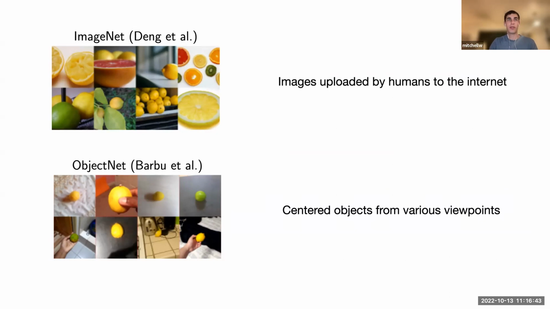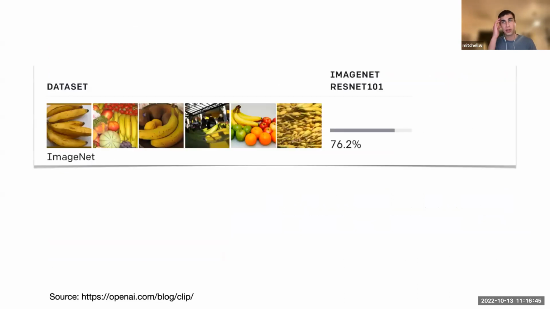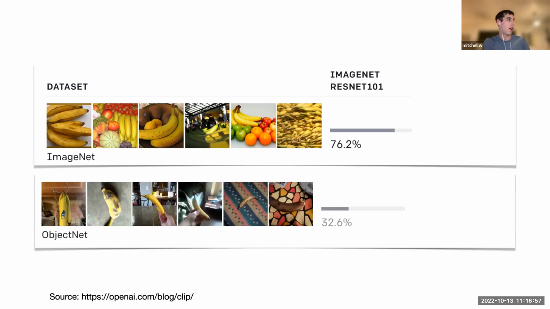To convince you that this is a real problem for models, we can look at a standard ImageNet trained ResNet, which is getting 76% on ImageNet. But on ObjectNet, its performance drops by 40 percentage points. This is a problem for standard ImageNet trained models.